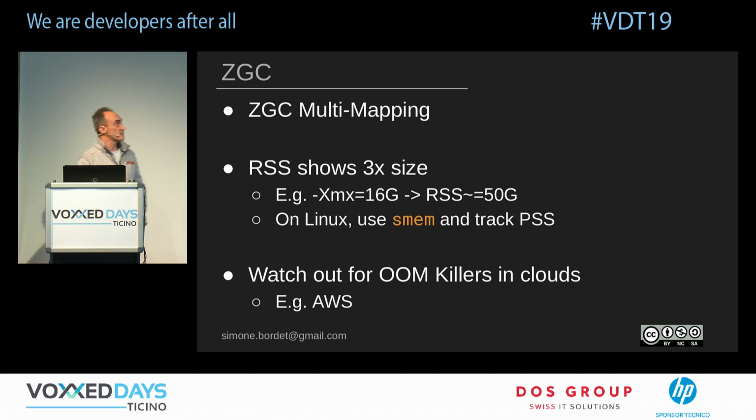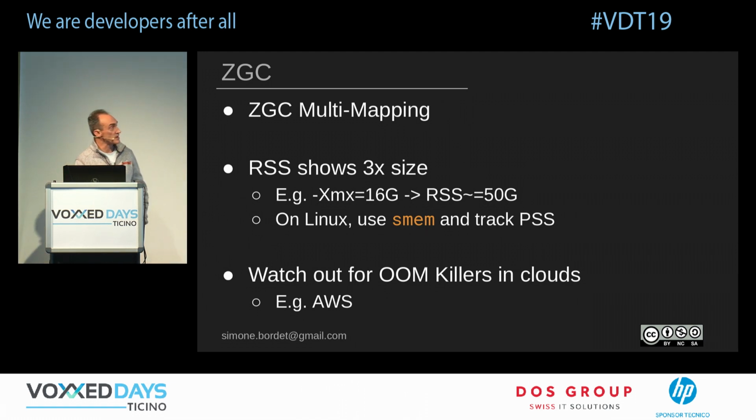So, for example, if you start ZGC with a heap of 16 gigabytes, RSS reports almost 50 gigabytes. And of course, if you have maybe a 32 gigabyte machine in the cloud, and RSS reports 50, then the out-of-memory killer jumps in and says, oh, we are at 50, you only have 32, I'm going to kill this process, okay? And so that's not good.